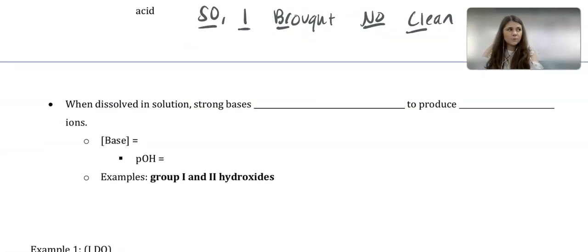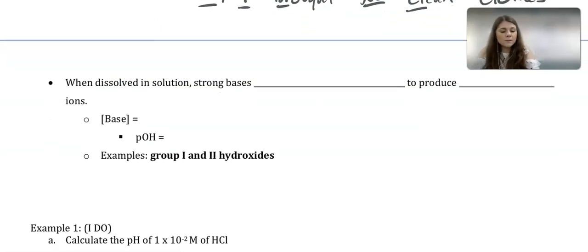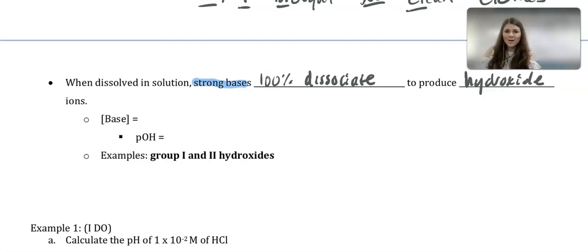Let's go to the next page. So here, when dissolved in solutions, now let's talk about strong bases. Just like strong acids, they will 100% dissociate into their ions, one of them being the hydroxide ion.